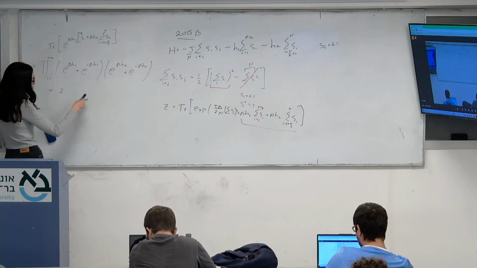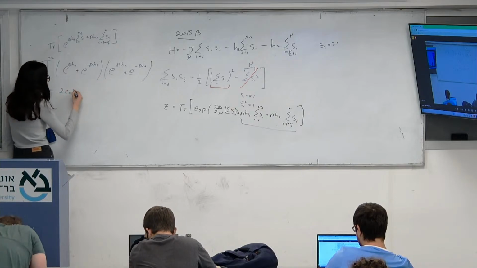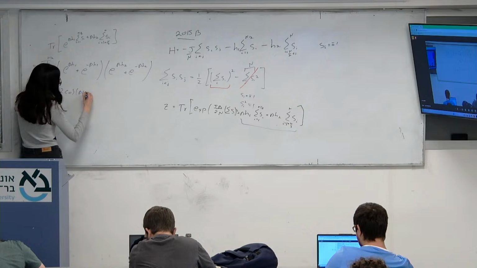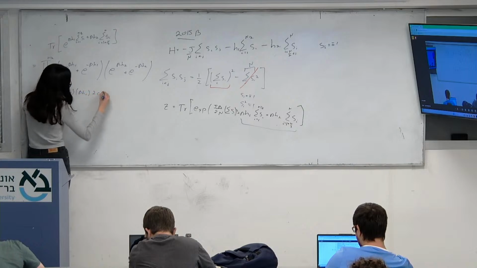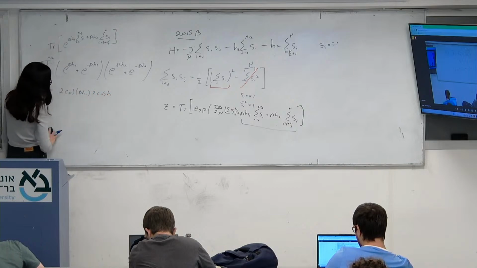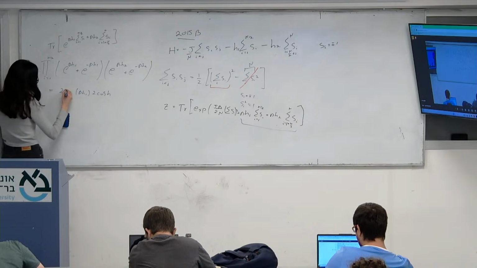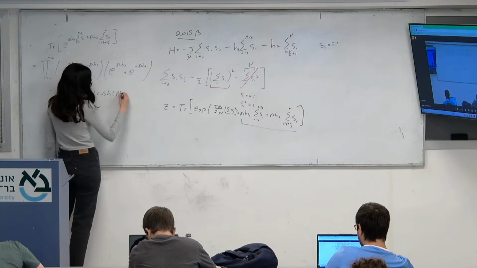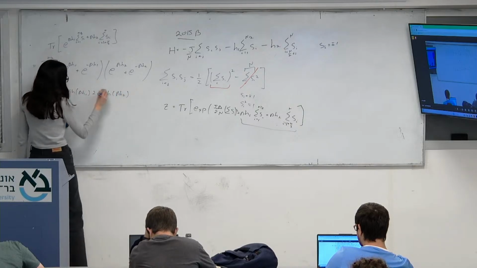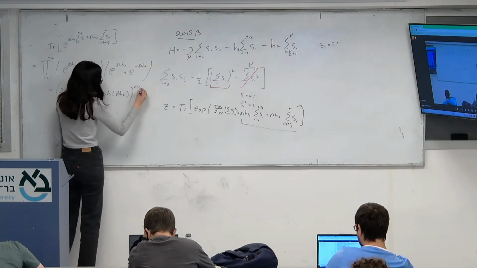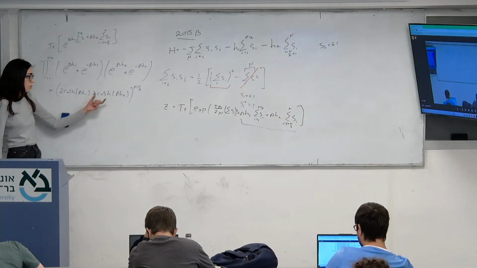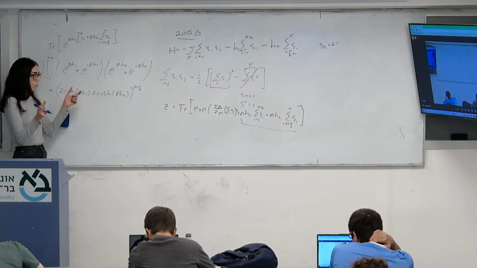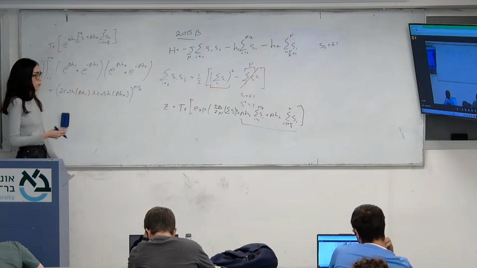a cosh of beta h1 and a cosh of beta h2, and all of that goes to the power of n over 2, because I already did n over 2 when I separated those.